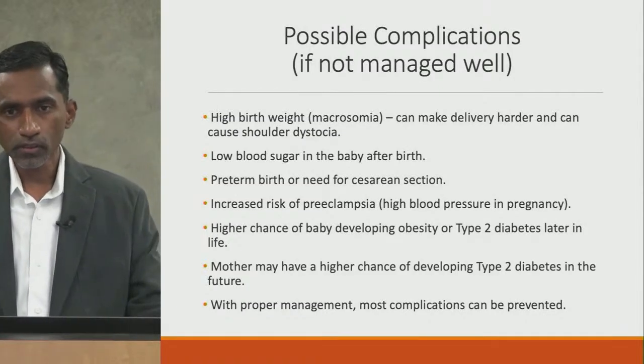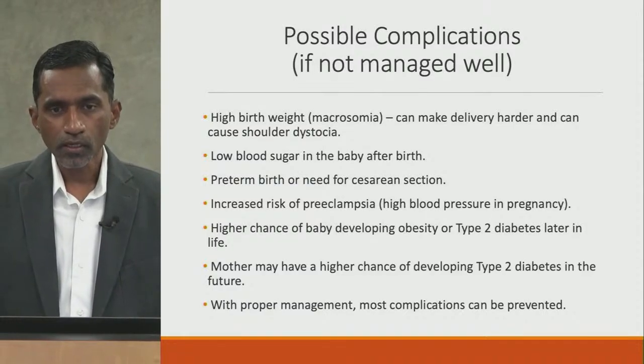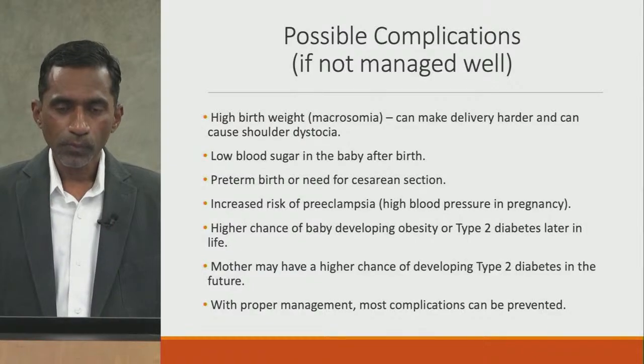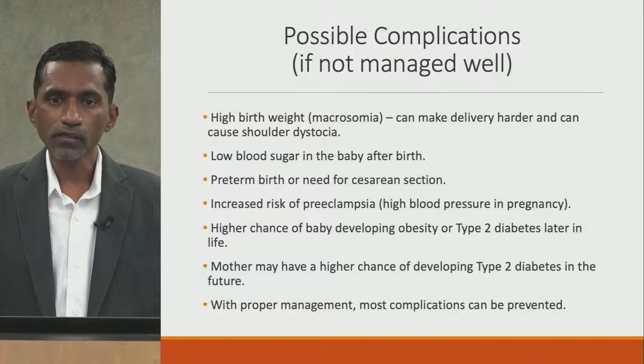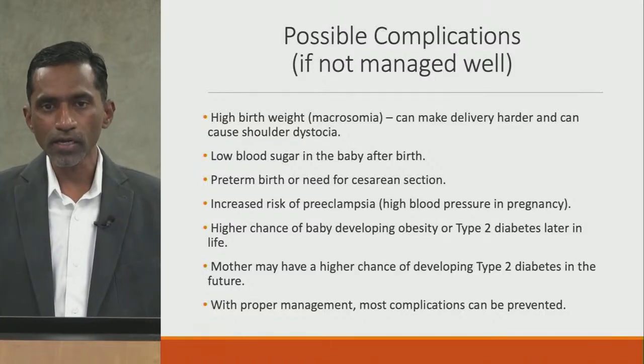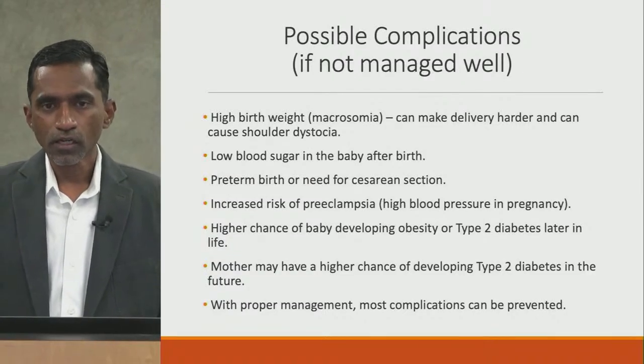So during these types of situations, we call it neonatal hypoglycemia. So the baby will need to be fed either by putting a tube through the nose or by a drip, like a glucose drip intravenously.